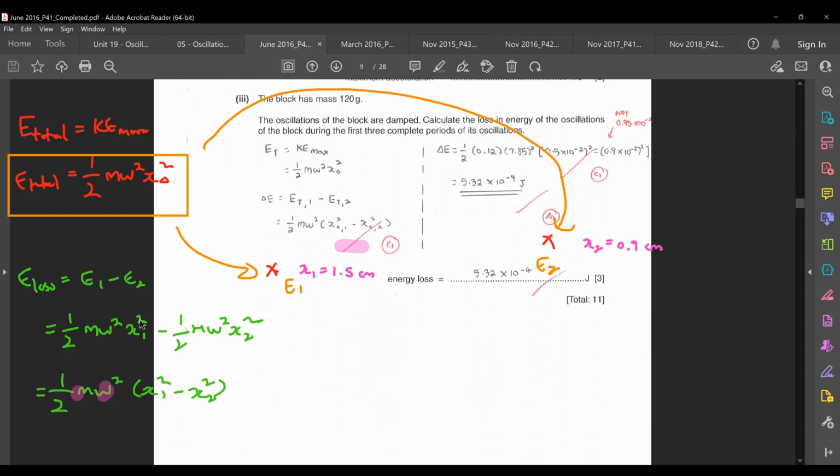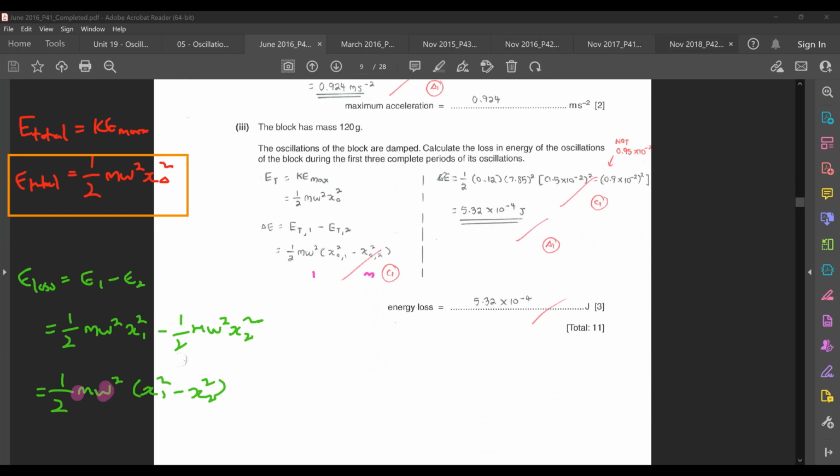When you say that your energy loss is half of 0.12 times 7.85 square multiplied with the amplitude of the first part squared minus the amplitude of the second part squared, that gives you this answer here: 5.32 times 10 power minus 4 joules, just like that.